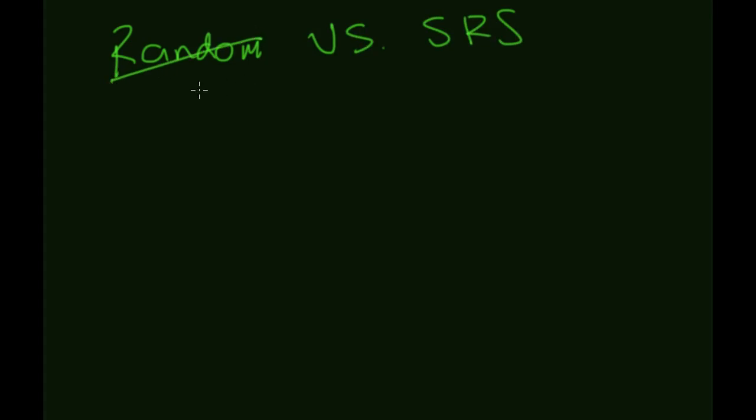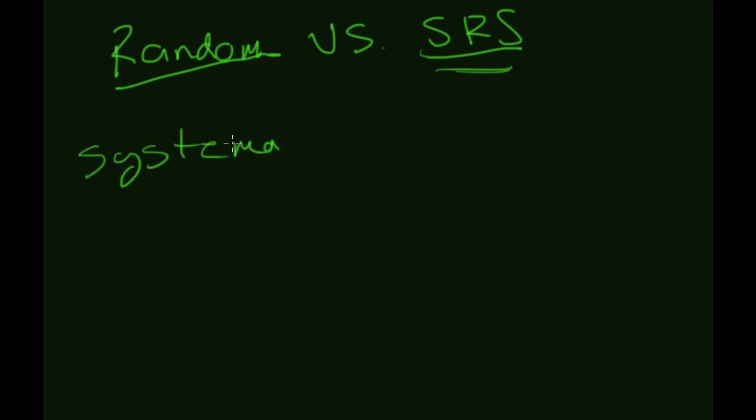Okay, so for sampling methods, we have made a distinction between random, where each member has an equal probability of being chosen, versus simple random sample, where each subgroup has an equal probability of being chosen. We've looked at some sampling methods that are not just simply taking a simple random sample, because they're very difficult to do, especially with large populations. We've done systematic sampling, which is taking like every third or every fourth person from a list.